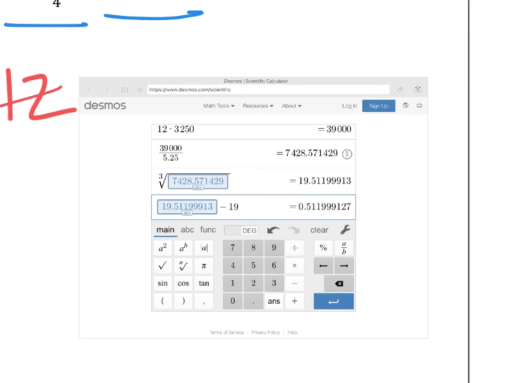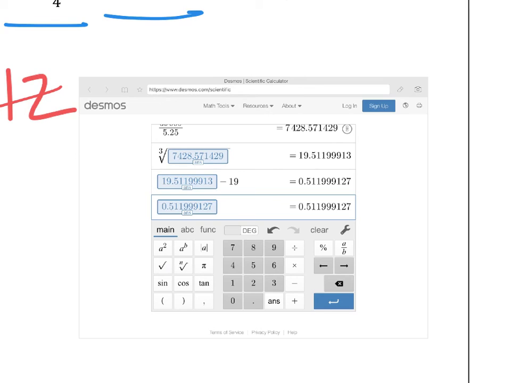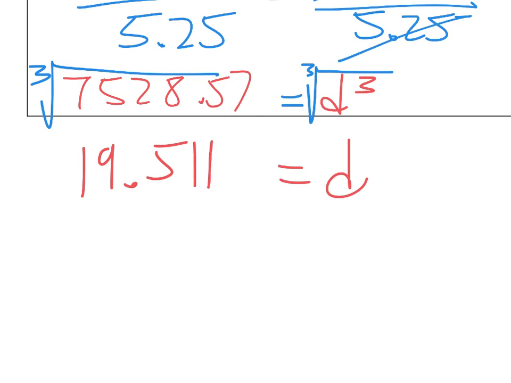That just gives us the decimal. And then let's take that number and multiply it by, instead of 16, let's go by 8. If you did it by 16, it would tell you we have 8 16ths. Well, this is 4 eighths. So it's close to a half, of course. It's 0.5, basically. So we have 19 and 1/2 inches is d.